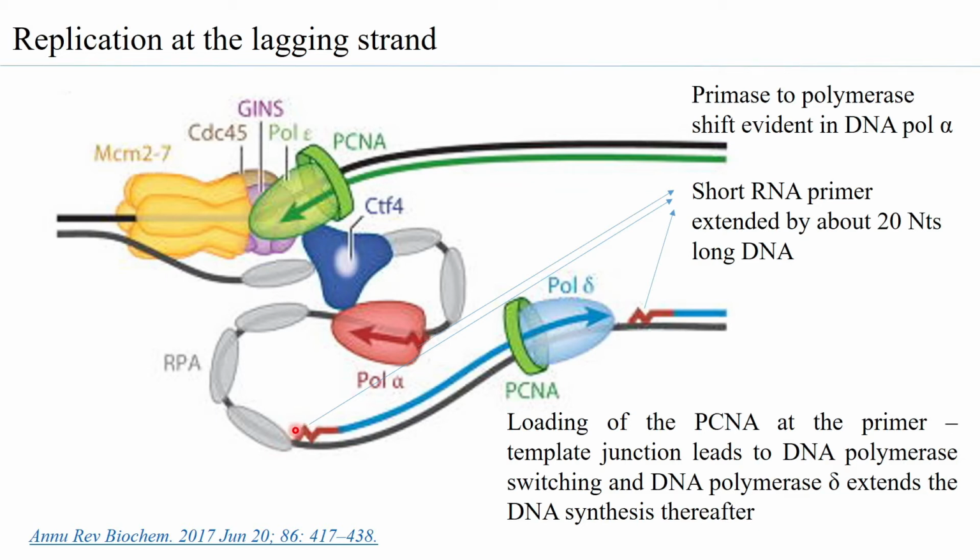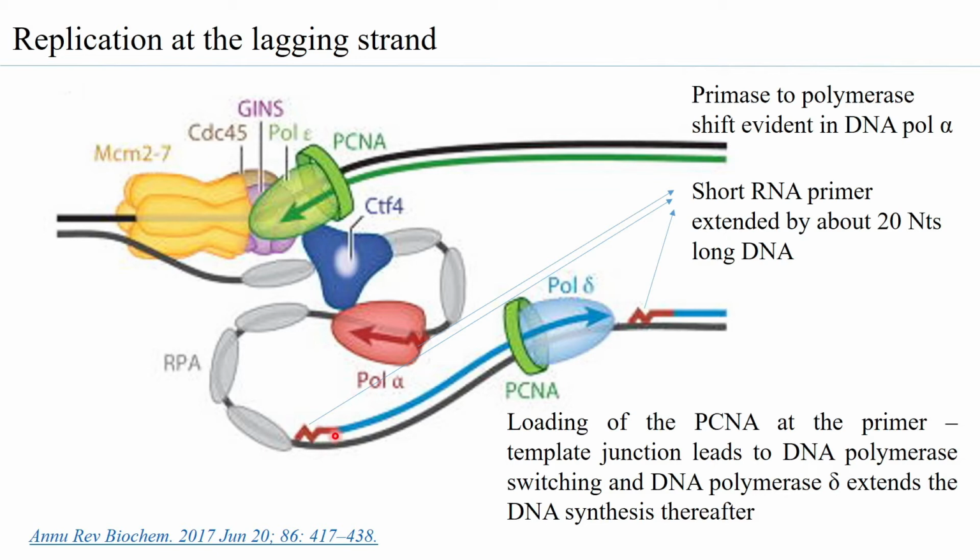This zigzag structure is talking about this being the RNA part. So the primase of the DNA pol alpha synthesizes the RNA primer, and then there is observed to be a conformational change in the DNA pol alpha itself, by which the 3' OH of this primer is used by DNA pol alpha to synthesize DNA.